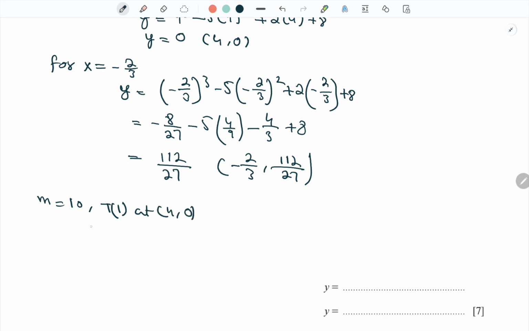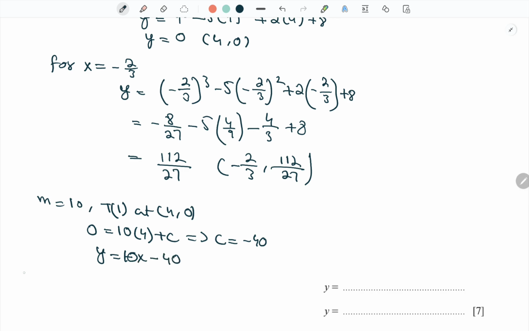So y equals mx plus c, so y is 0, m is 10, and x is 4, plus c. So we find this c here, that is negative 40, right? So that means y equals 10x plus c.